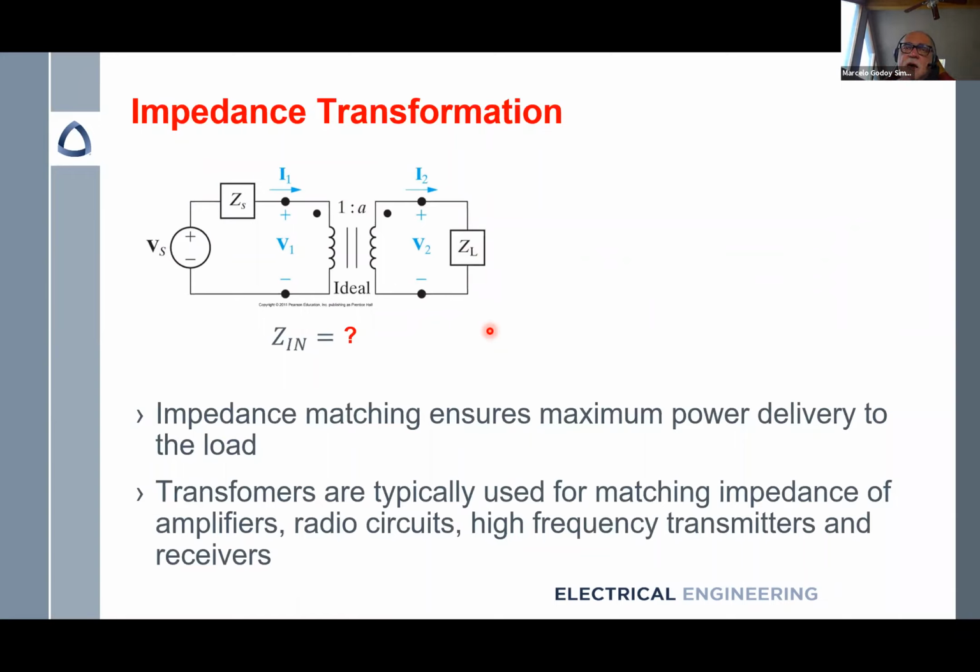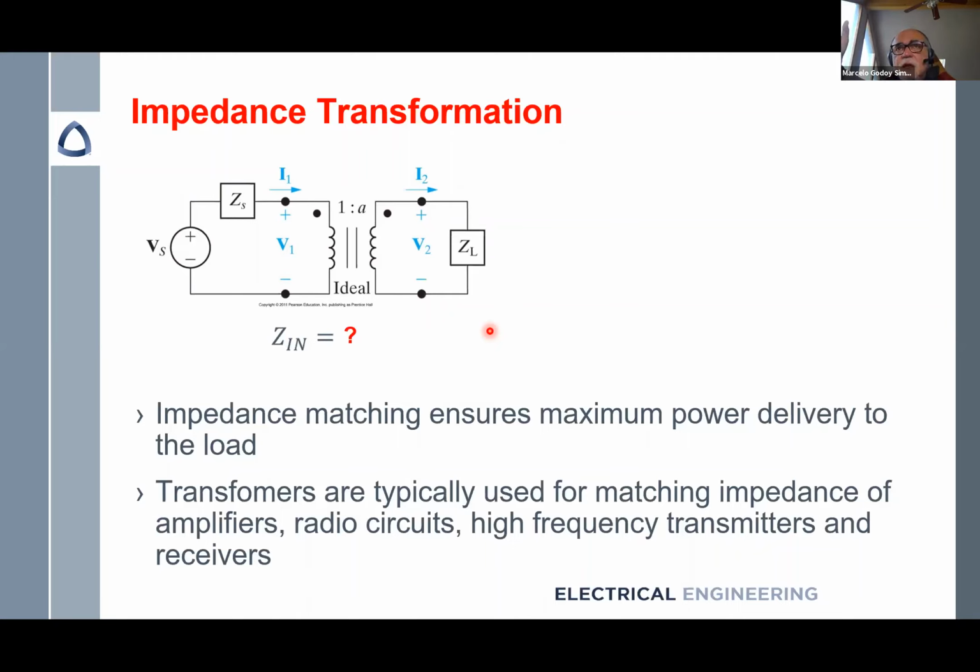For a real transformer, you still have to consider losses. But for an ideal transformer that has 100% efficiency and no losses, you just use the formulation N1 divided by N2 squared is equal to Z1 divided by Z2.